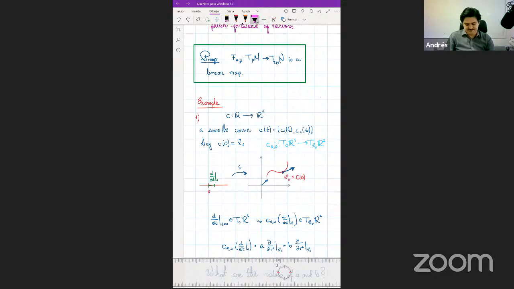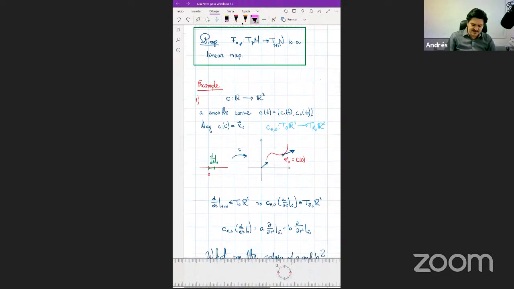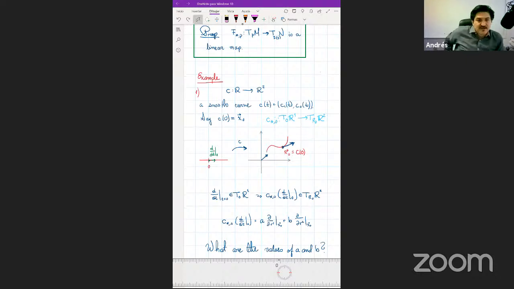Okay? So that's the problem. So I need to find the value of these numbers, and by doing so, I know what is the differential of this.